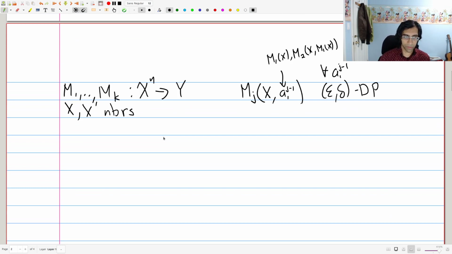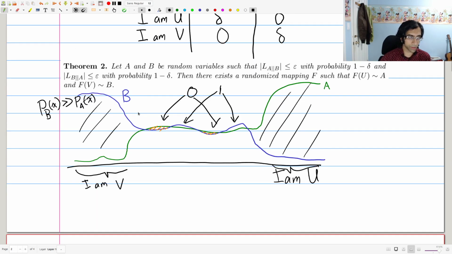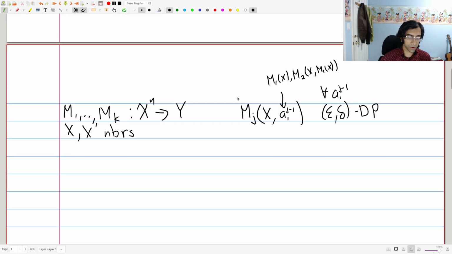I'm not going to write this all completely mathematically, but the idea is the following. We're going to essentially just apply this theorem to each algorithm sequentially. So the idea is as follows. Suppose we have a sequence z1 through zk, which are sampled from either U or V, one or the other.